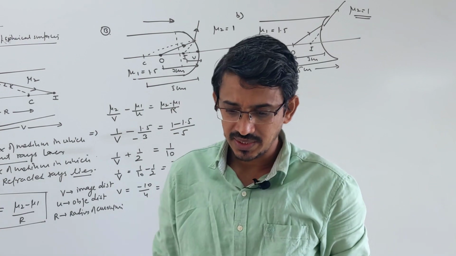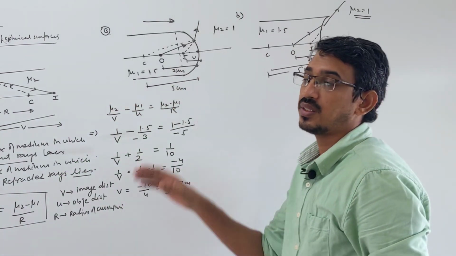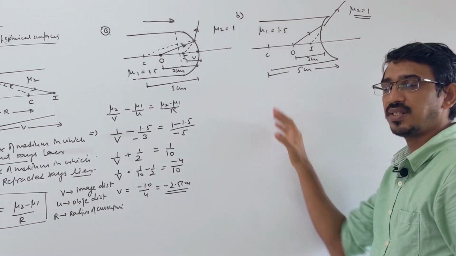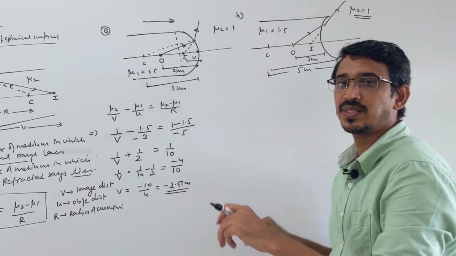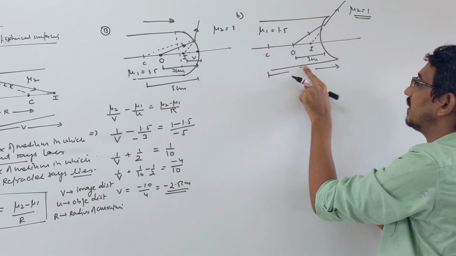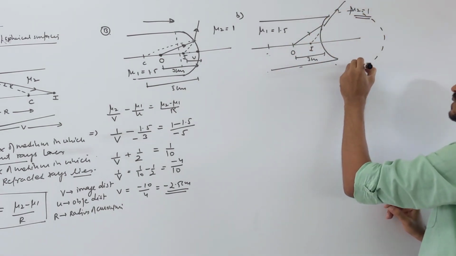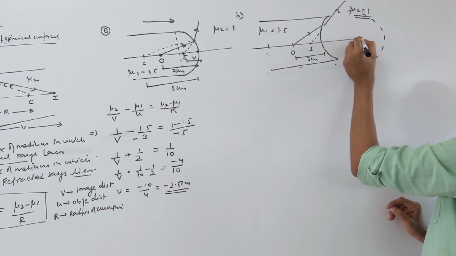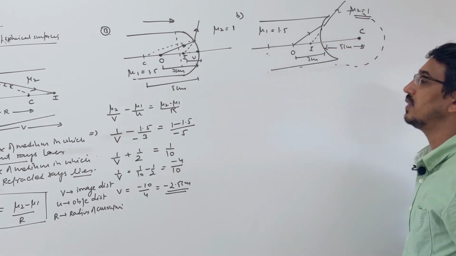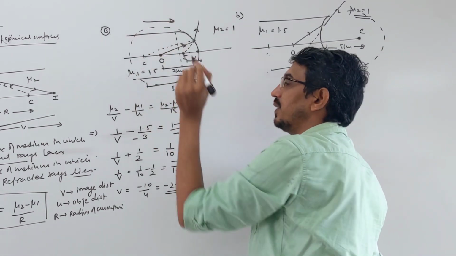So actually just one thing has changed here: the surface type, this was convex, this is concave. I wrote one thing wrong actually, can you see what is wrong? Yes, I wrote the center of curvature here, but the center of curvature will be outside, because the curvature circle goes that way, so the center of curvature will be somewhere here. That distance is given as 5 centimeter, that's all. Here the curvature was like this, so the center of curvature is on this side, somewhere here.